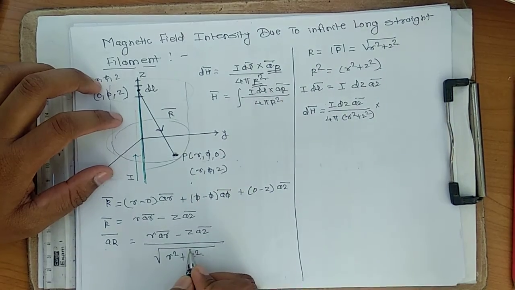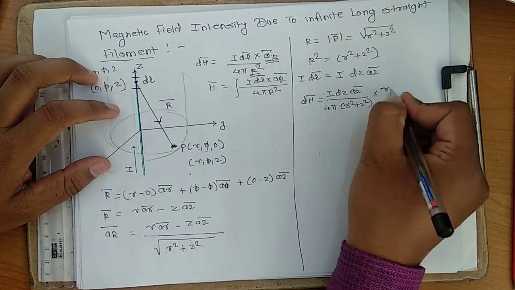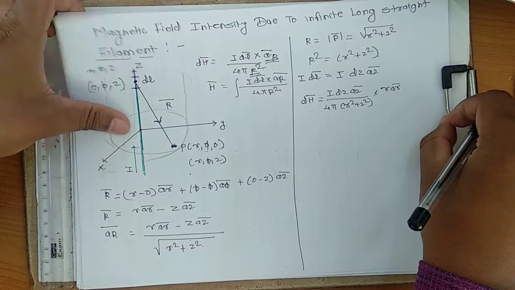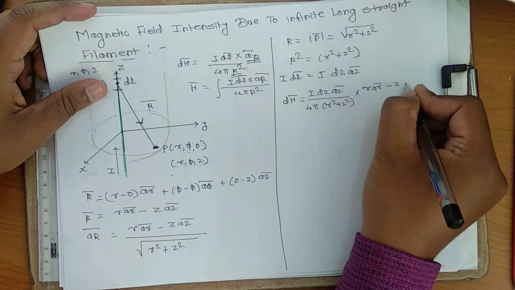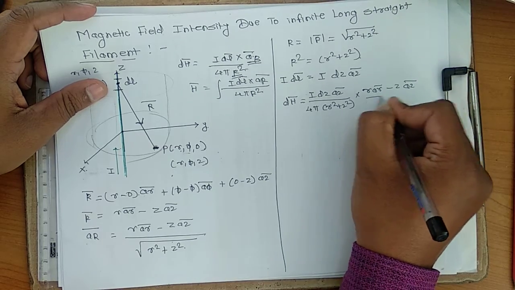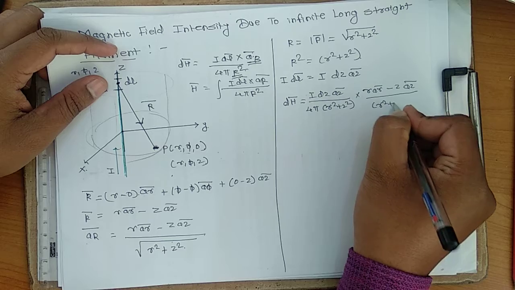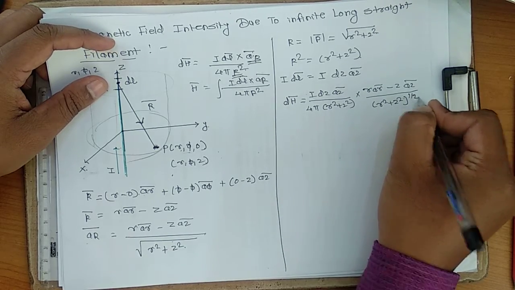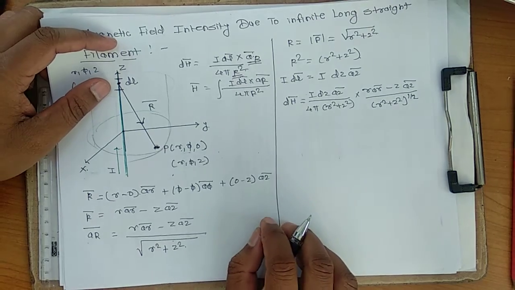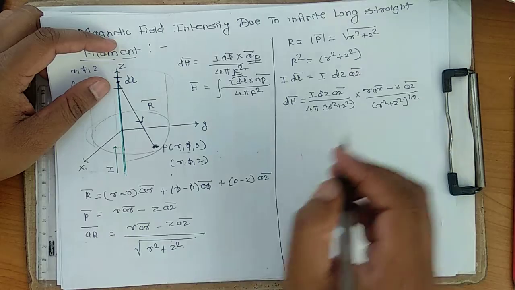Here is the a R bar, you can put this value: r a r bar minus z a z bar divided by r square plus z square raised to 1 by 2. Root means 1 by 2. Why do I add this? 1 plus 1 by 2 will be 3 by 2.